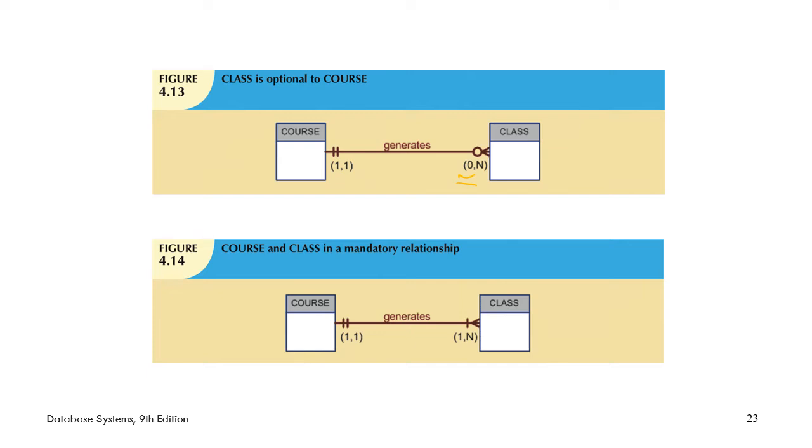On the other situation, course and class are in a mandatory relationship. So when it's mandatory, the minimum must be 1. Minimum cardinality will be 1. You can see, do not confuse because the situation may happen. Sometimes it is the same situation, but they change the types, the classification. But it goes back to the business rule.